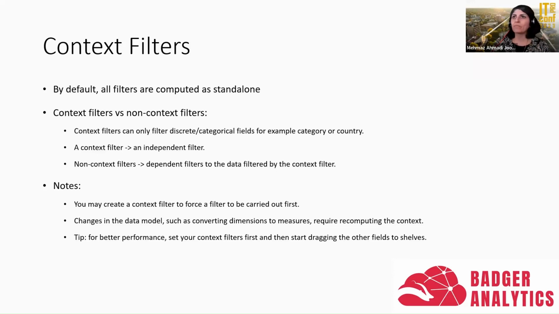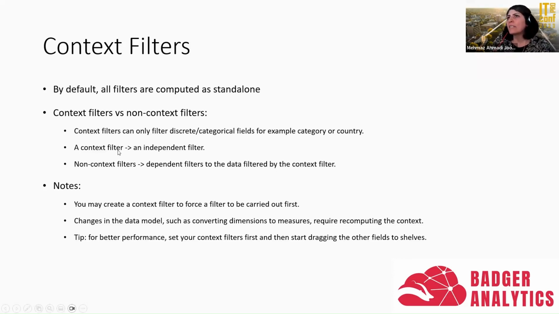All right. Okay, so context filters can only filter discrete categorical fields. There are some notes that you have to remember. For example, country, state, division, right? This kind of stuff.